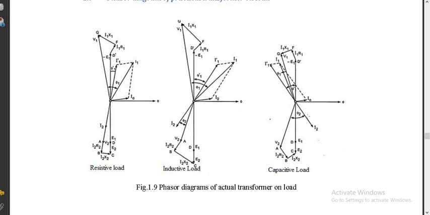After I2, what I have plotted, exactly parallel to I2 from the tip of V2, is I2 R2, and exactly 90 degrees to it is I2 X2, so this phasor will be I2 Z2. I can complete this equation as V2 plus I2 Z2 is equal to E2.